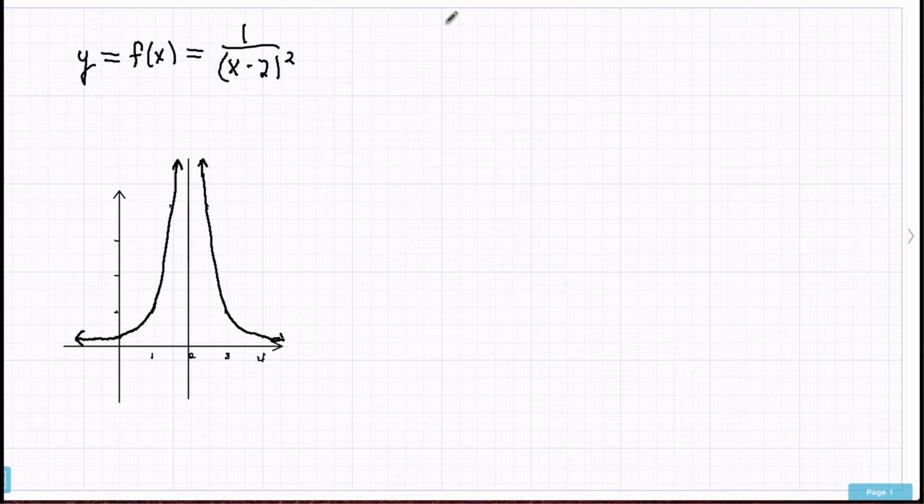Here's a sketch of the function y equal to 1 over x minus 2 squared. This was the same function we were just taking the limit of. The limits that we already computed are telling us something about the graph.